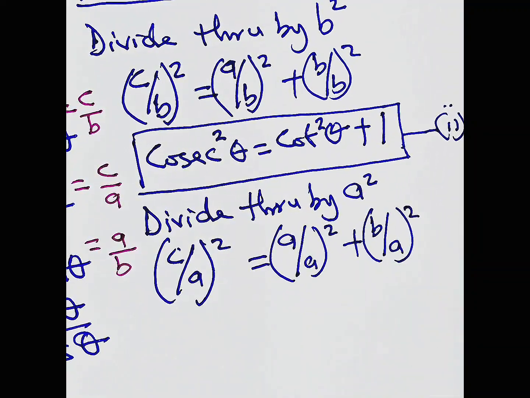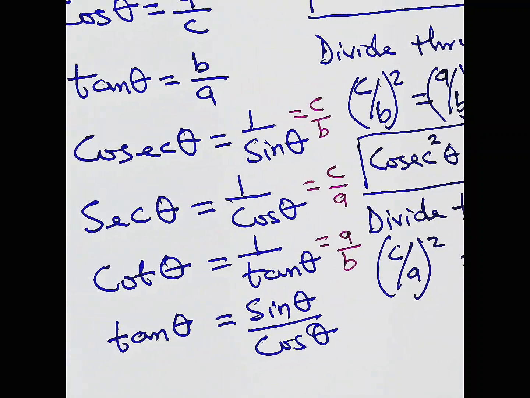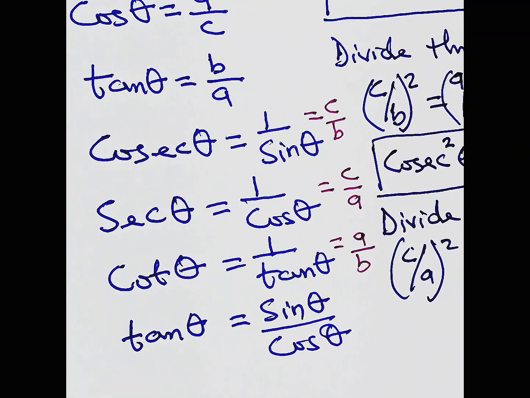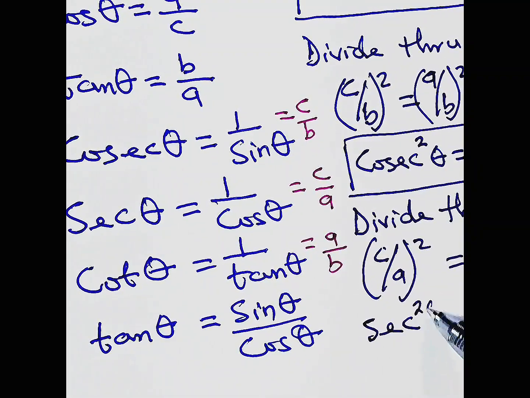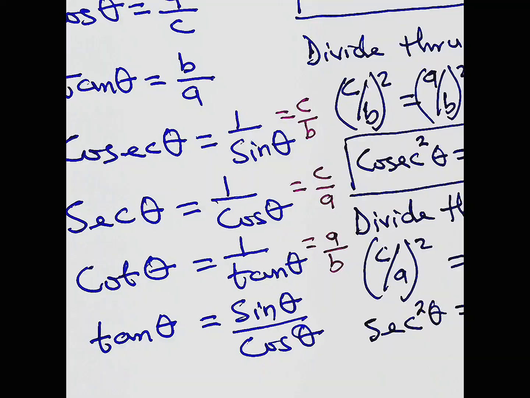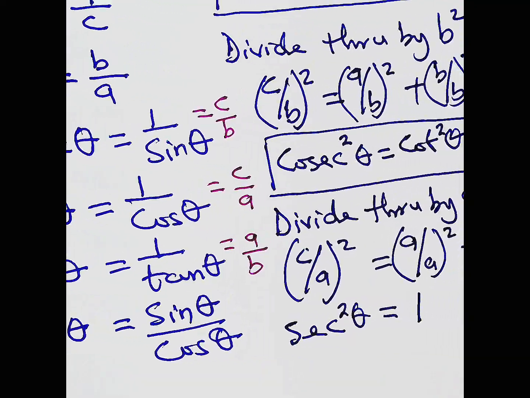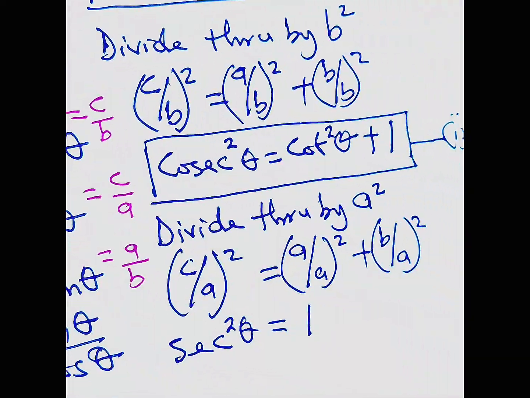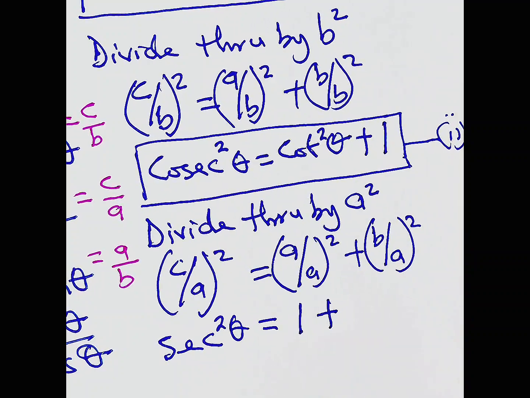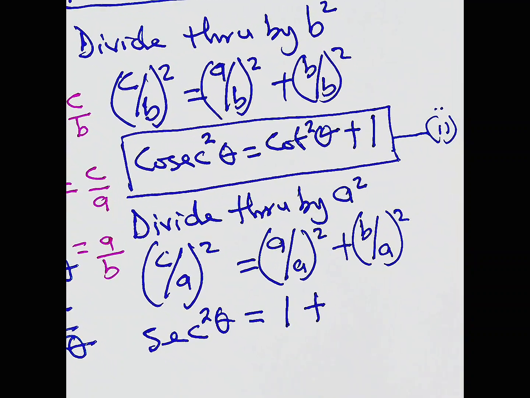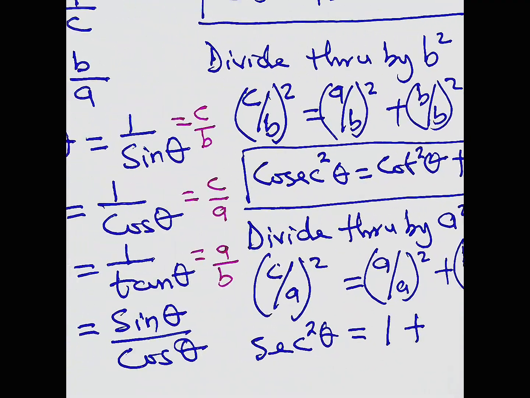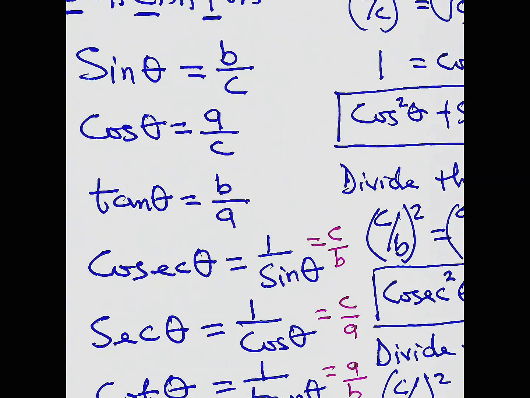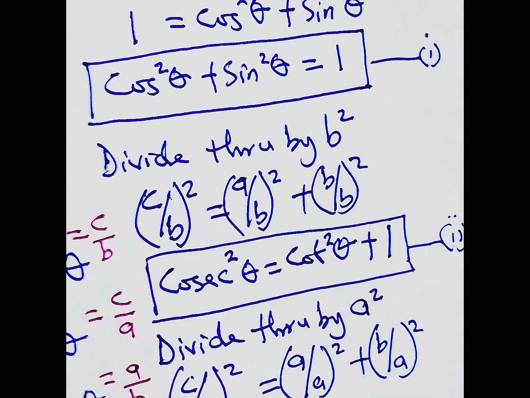In that way, if we look at it again, c over a is going to be sec square theta. And a over a will give us 1, plus b over a, and b over a is tan theta.